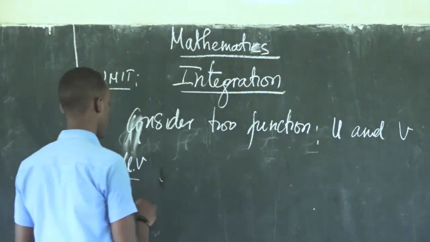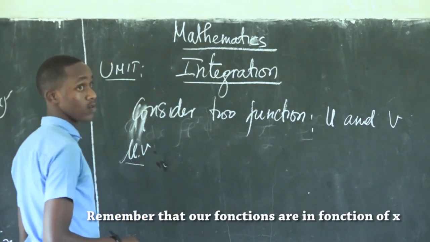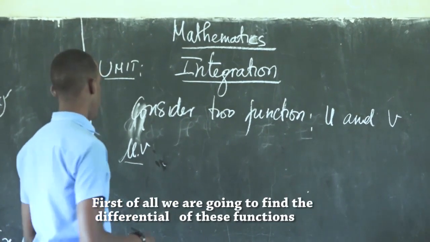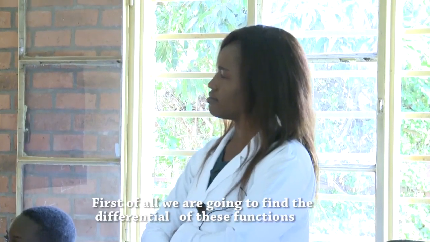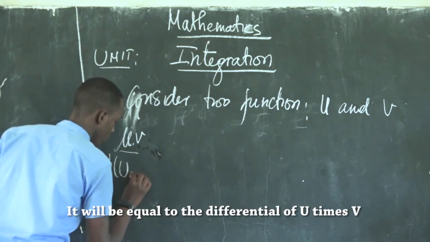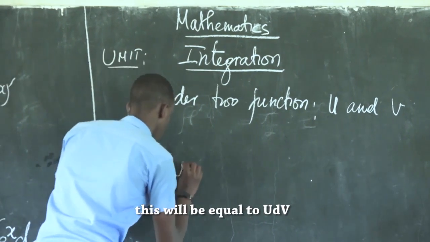First of all, remember that our functions are in function of x. We are going to find the differential of these functions. It will be equal to the differential of u times v, which will be equal to u dv.